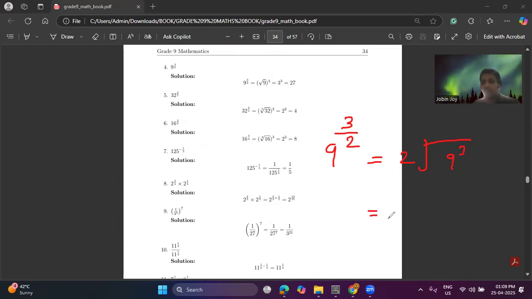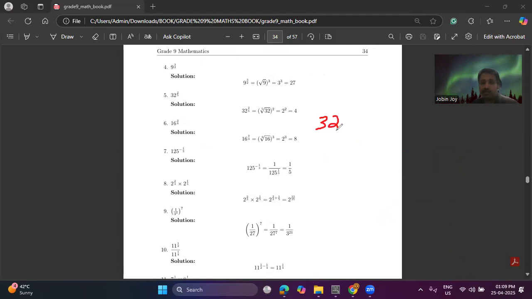So you can write the square root of 9 raised to 3. What is 9 raised to 3? 9 raised to 3 is 729. The square root of 729 is 27. So the answer is 27.